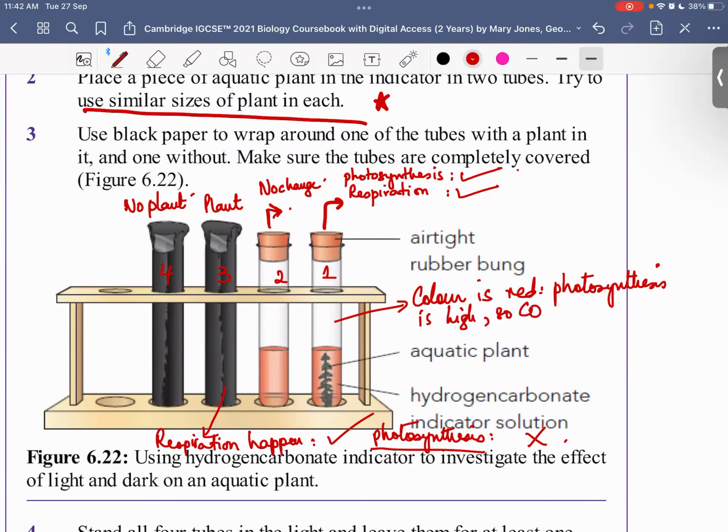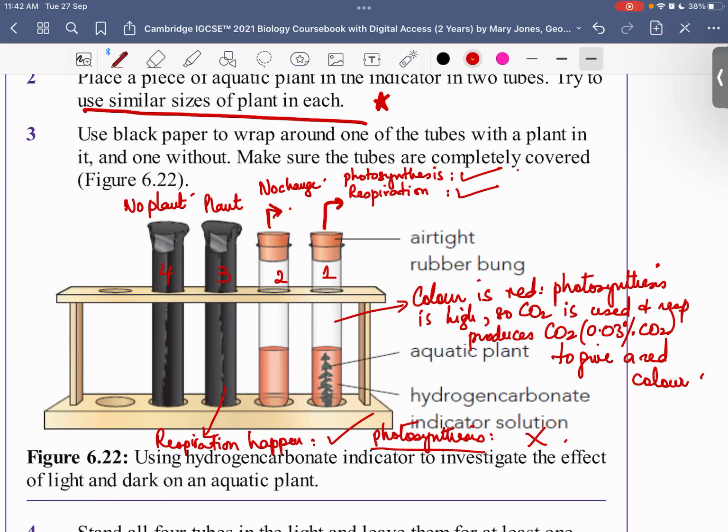So CO2 is used and respiration produces CO2. This much to give a red color. Now, did you get it? Yes, miss.